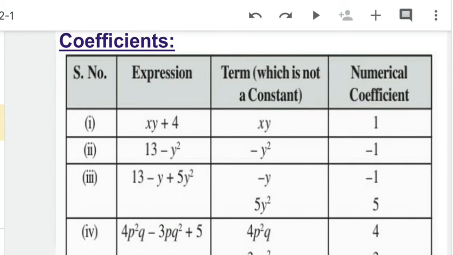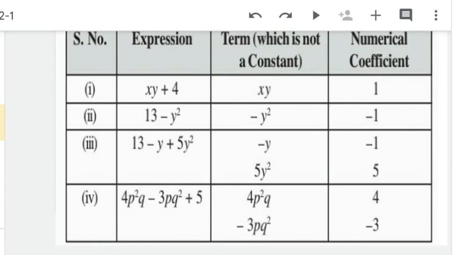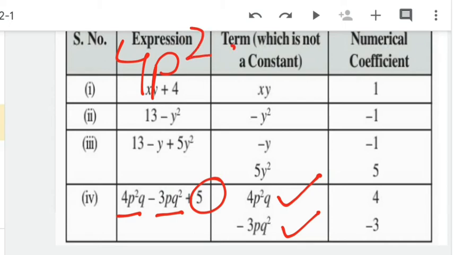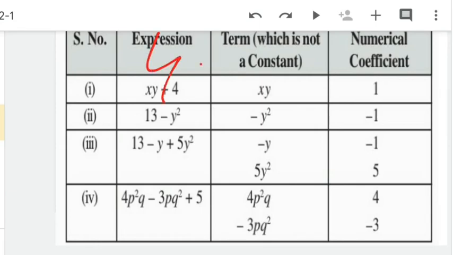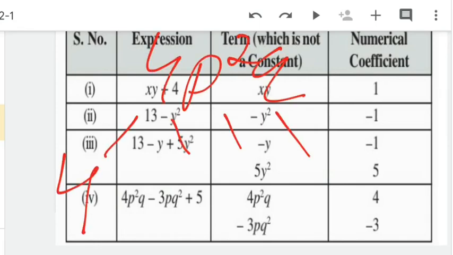Let's look at the last part also. We have 4p square q minus 3pq square and 5 is a constant. For 4p square q, if you find its factors, they will be 4, p and q.